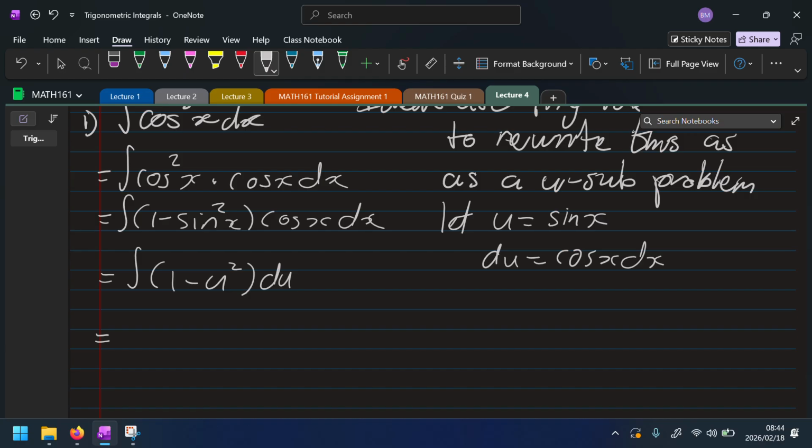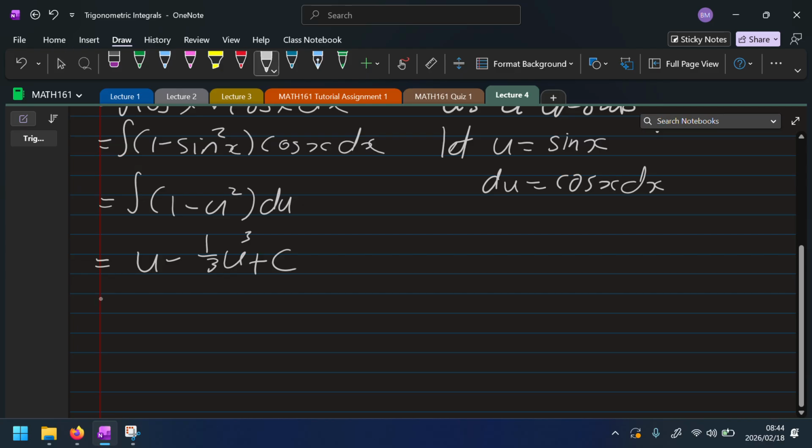Now, all of the trig stuff is gone. It's just a normal u sub problem with power rule. So we can integrate this. This will be u minus 1/3 u cubed plus c. And then once we've done that, we can put the trig function back. In this case, it's going to be sine. So this is going to be sine x minus 1/3 sine cubed x plus c.